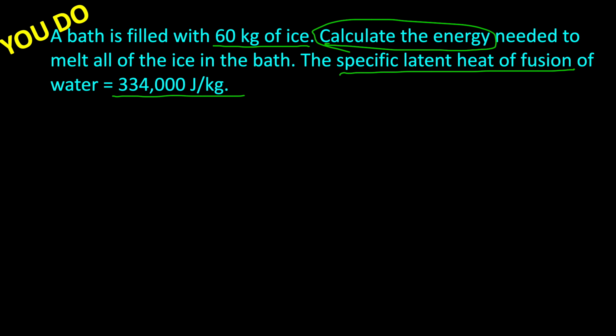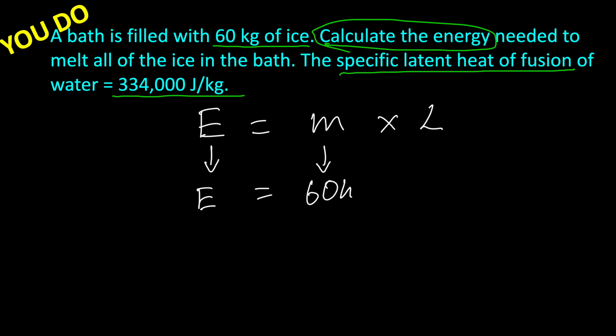The first thing we're going to do is write the equation. Next, we're going to substitute from the question into this equation. The energy is still unknown, so we're going to leave that as E. The mass, as we can see from the question, is 60 kilograms. And the specific latent heat of fusion of water is 334,000 joules per kilogram.